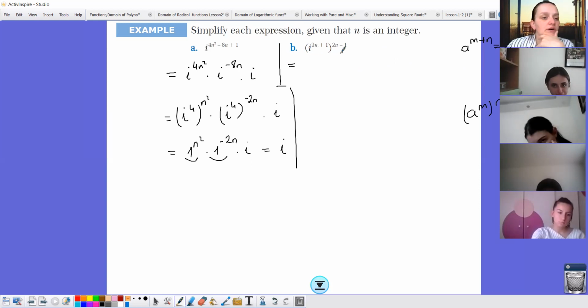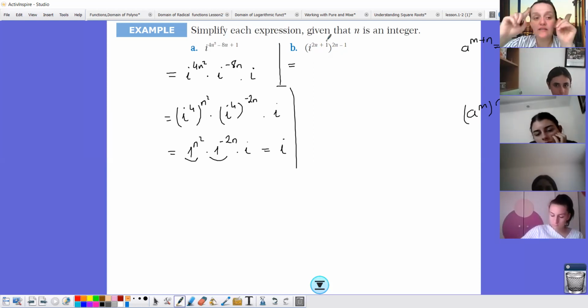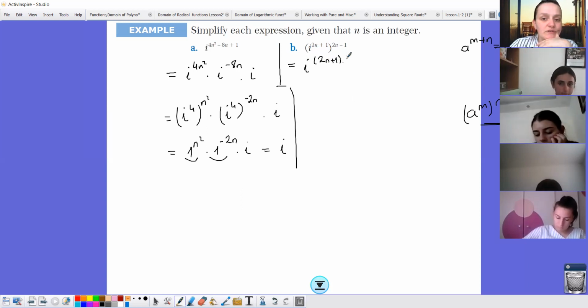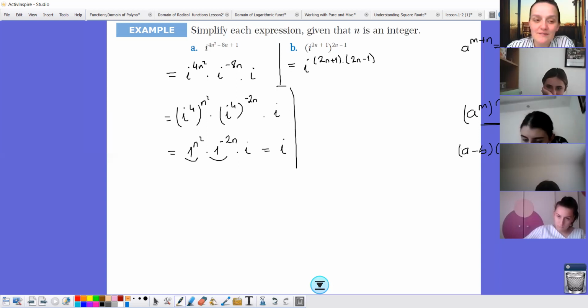Now in B, which property will I use from these two? Look, I have here i to the power of 2n plus 1 in parentheses to the power of 2n minus 1. The second one. So it means that I can write this as 2n plus 1 times 2n minus 1. Is this one familiar? Yes, it is. A minus b times a plus b we had, and we said that this is a squared minus b squared.